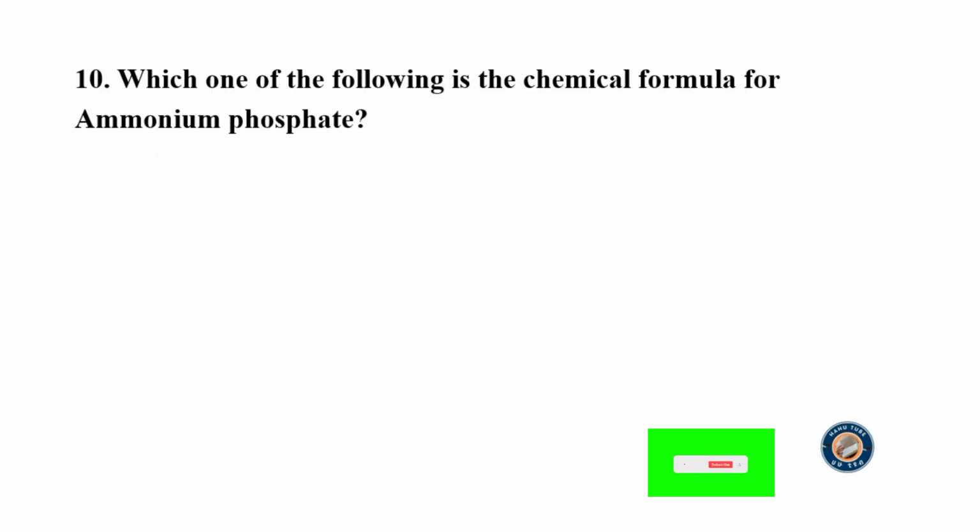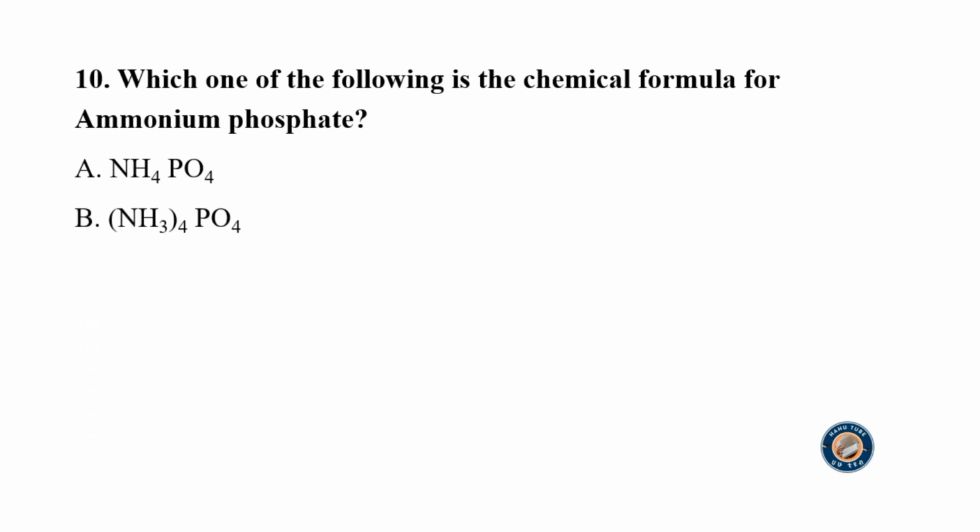Question number 10. Which one of the following is the chemical formula for ammonium phosphate? A. NH4PO4, B. (NH3)4PO4, C. (NH3)3PO4, D. (NH4)3PO4.